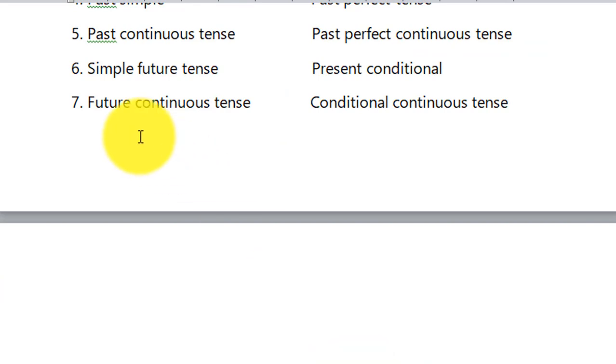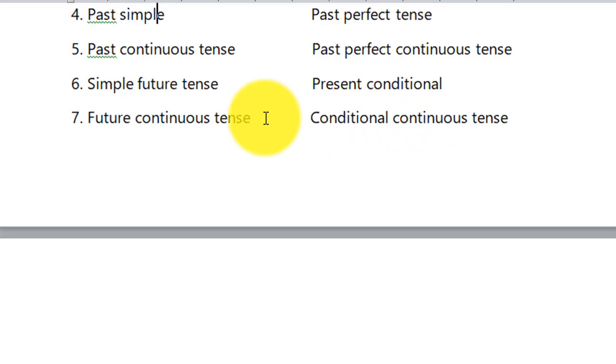And seventh, future continuous, will be plus ing or shall be plus ing, becomes conditional continuous, would be plus ing or should be plus ing. So these are the very important parts of changing tenses from direct speech into indirect speech.